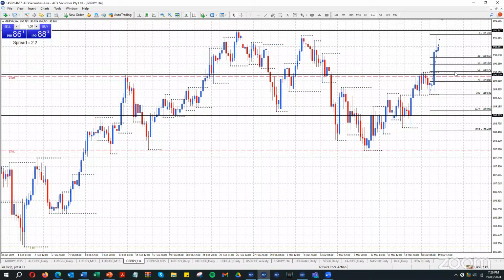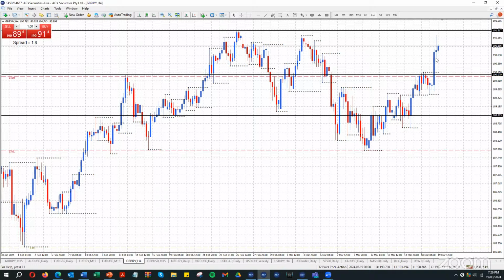All right, 190.17 down to 189.89, this area here, close to this 4-hour top. That zone there, so the zone would be here. Like the Euro yen, it's put in a nice 4-hour rejection candle, so there's information. If you traded the break of the candlestick low, there's more than room to manage your trade, like I said in the Euro yen, to this top, if we start to sell down.